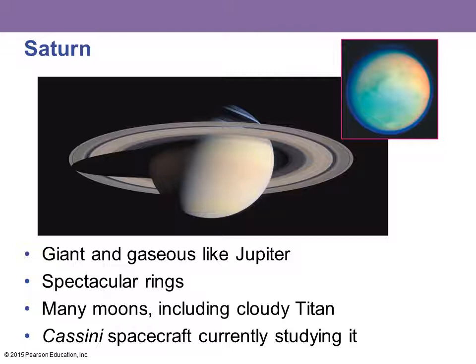Saturn is also very large, not quite as large as Jupiter, but it has the ring system that everybody recognizes. It has almost as many moons as Jupiter, including the inset there you see is the moon called Titan. If it has this haze to it, then it apparently has an atmosphere.